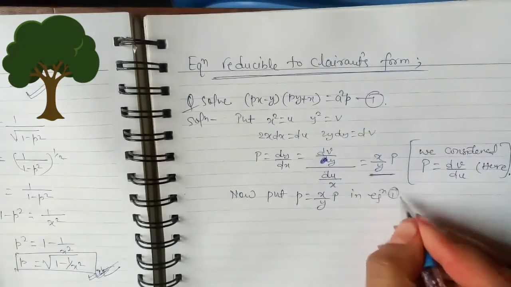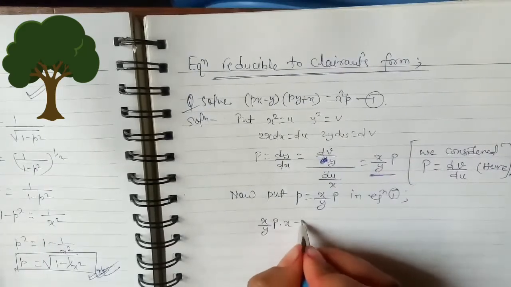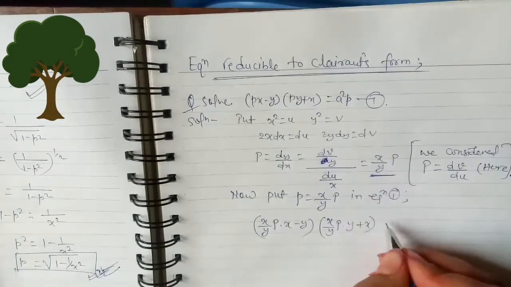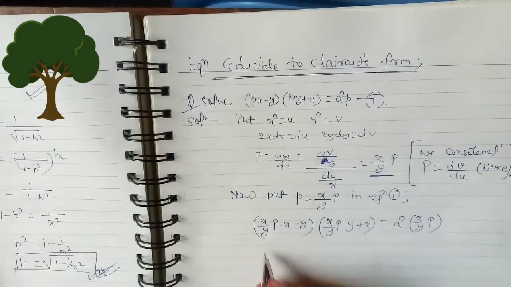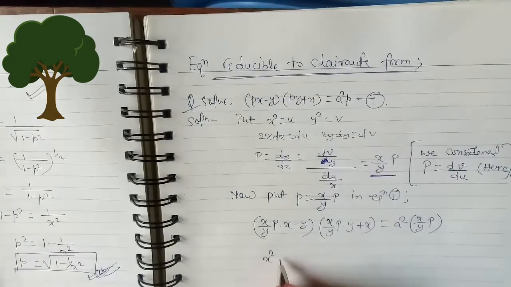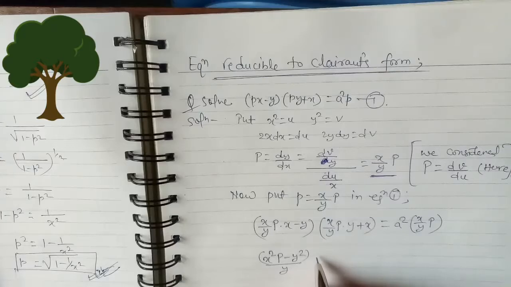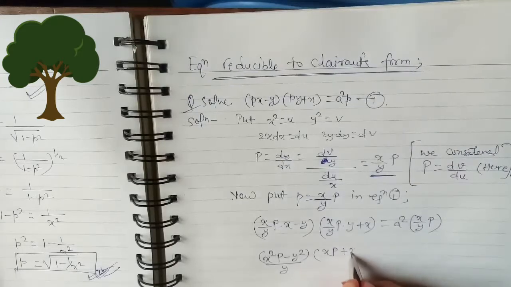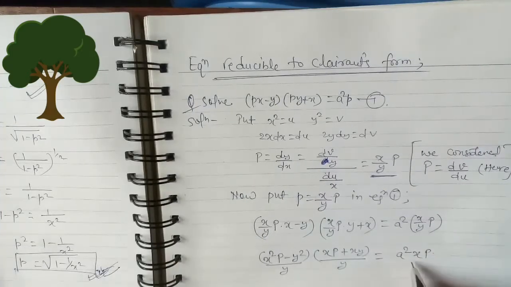In equation 1 we get x upon y into capital P into x minus y, then x upon y into capital P into y plus x is equal to a square into x upon y into capital P. So from here we can get x square P minus y square upon y into, here y cancels, so xP plus xy upon y is equal to a square xP upon y.